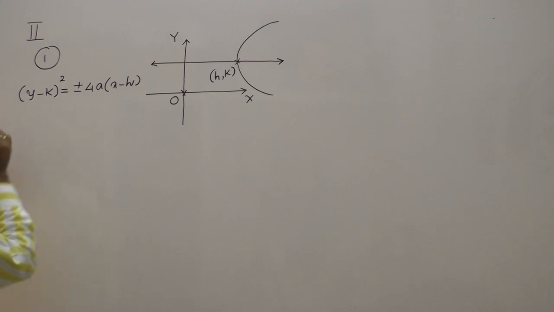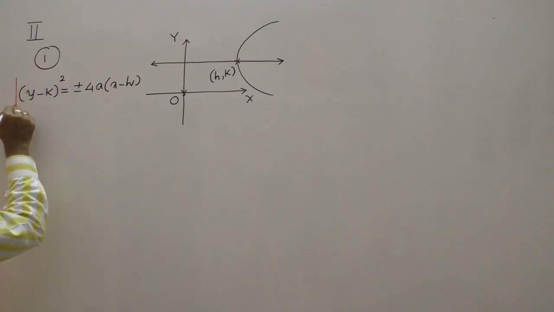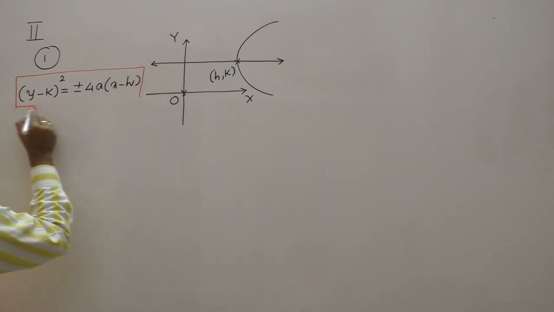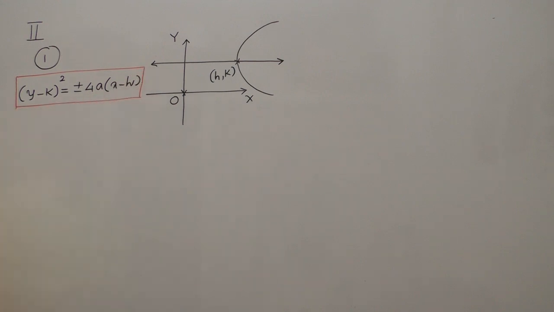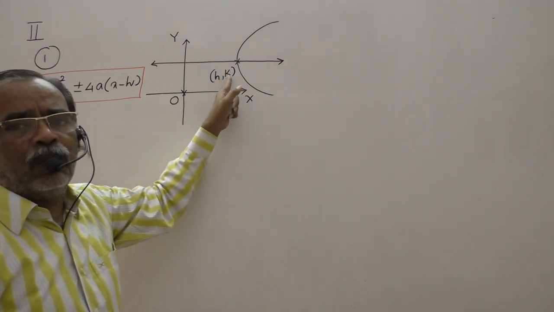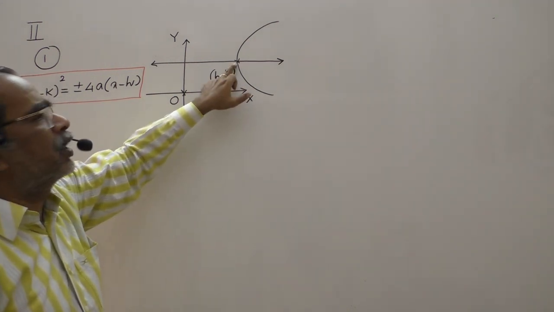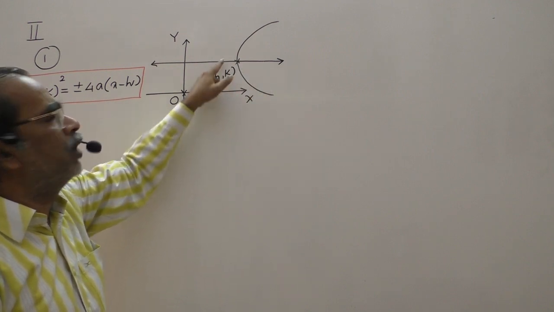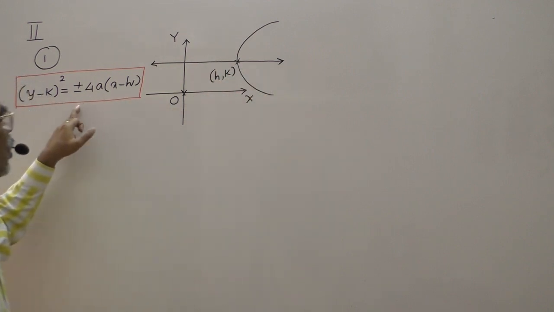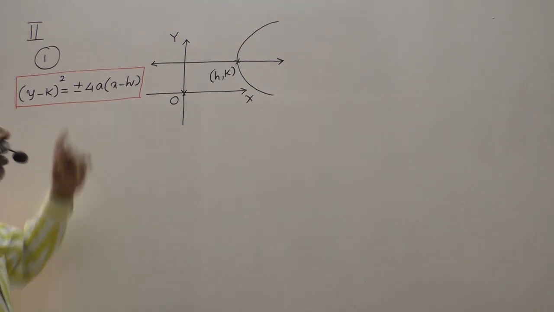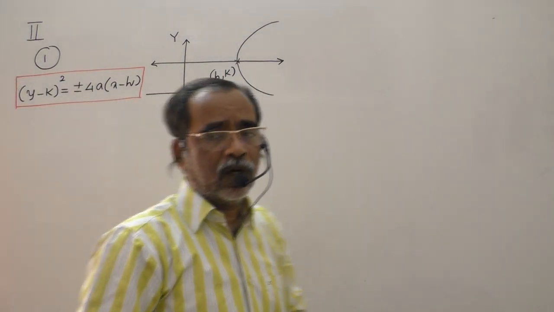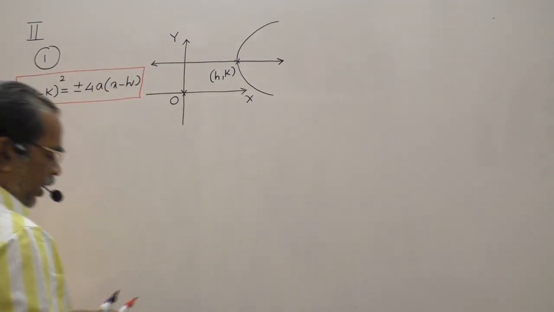Listen carefully, there will be a little bit of confusion here. Therefore, concentrate, listen carefully. So, the parabola whose vertex is h comma k and axis is parallel to x-axis. These are the equations. Here plus or minus. There are two equations. What is plus and what is minus?